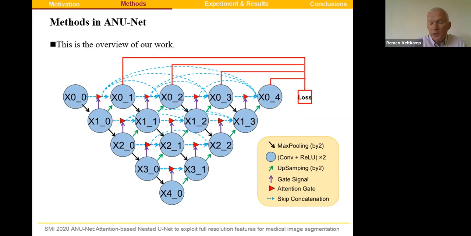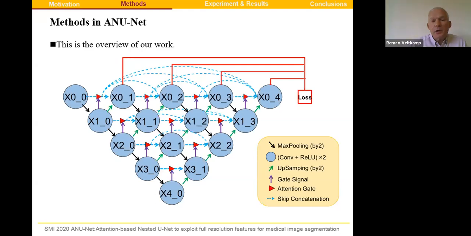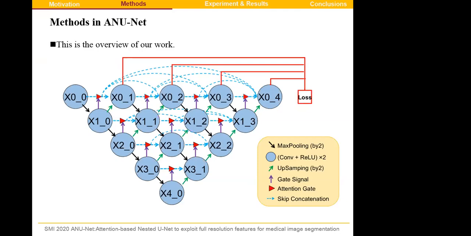Does it also help to make the method more robust against noise? Sorry. Does the nested architecture also help in making the method more robust to noise? To noise. Okay. Actually, frankly speaking, what you said is what we are doing now.